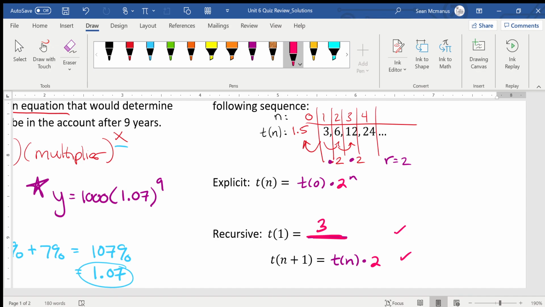I saw a lot of people put the right thing here, but we're still struggling with the notation. T of 0 means the value of the 0 term. So this whole thing right here means the value of the 0 term, which we found here was 1.5. So we erase the whole thing and it becomes 1.5.